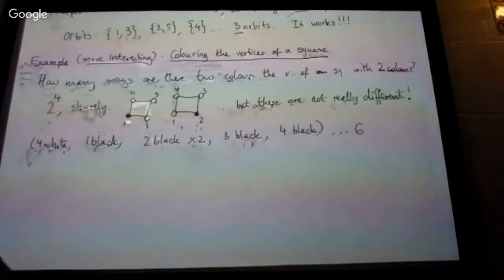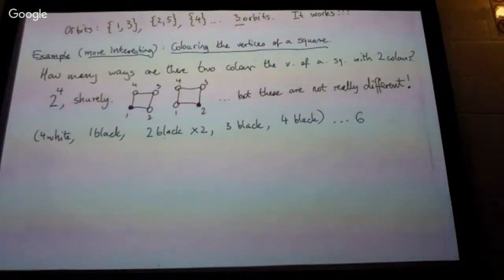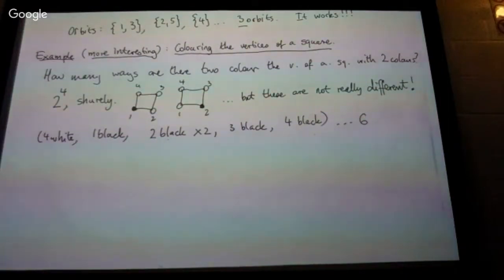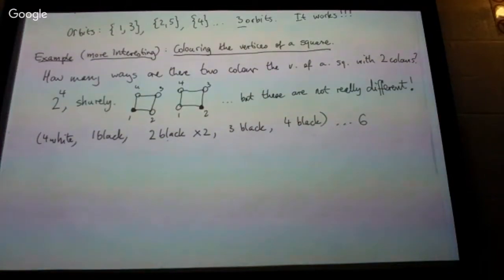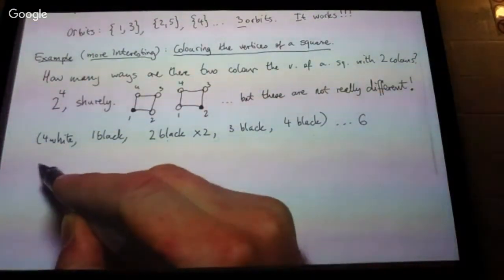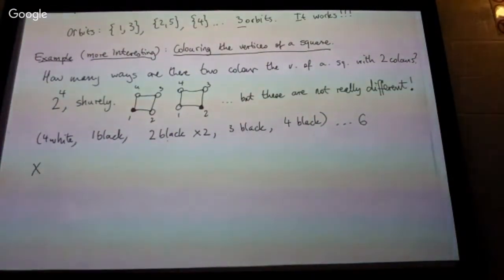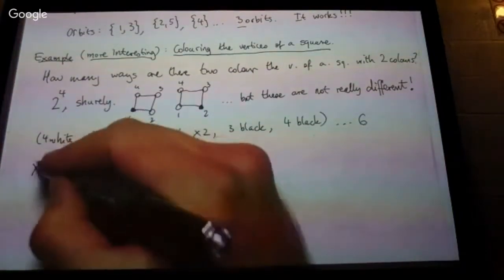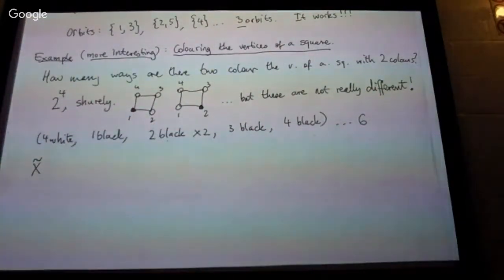Okay. I still thought this wasn't the challenge. This is simple to count. However, what we want to do is count it using the orbit counting lemma. So what are we actually counting? So what we have is this set X. I'll call it X tilde in line with the book.